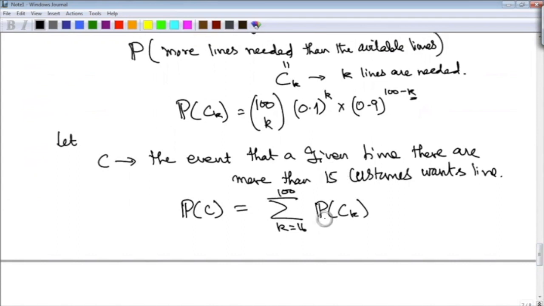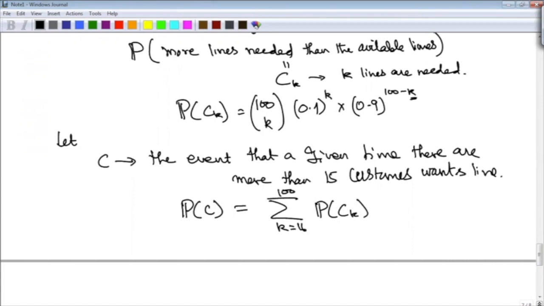More than 15 people means 16 people want, probability P of C16, 17 people want, probability C17, and so on. So C will be the union of all these events Ck, right? C16 union C17 union and so on up to C100.